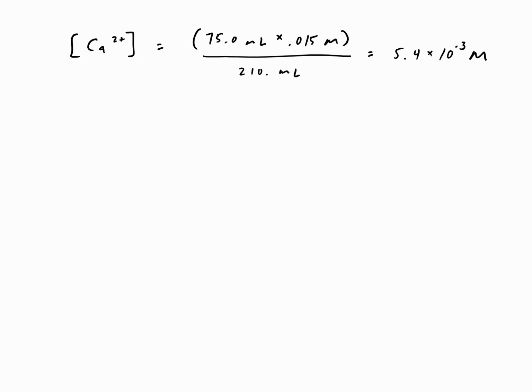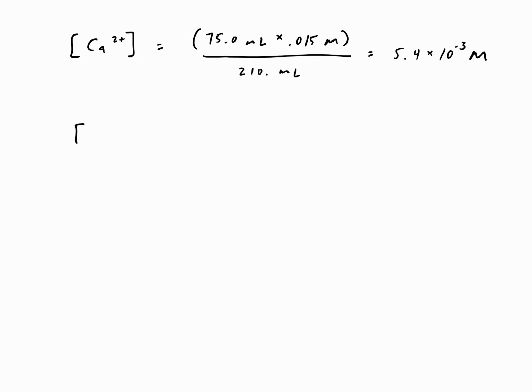This is how much we had, the volume of it, times the concentration of the calcium, divided by the total volume, which was 210 milliliters. This number was 0.015, and our amount here is 5.4 times 10 to the negative third molar for calcium.